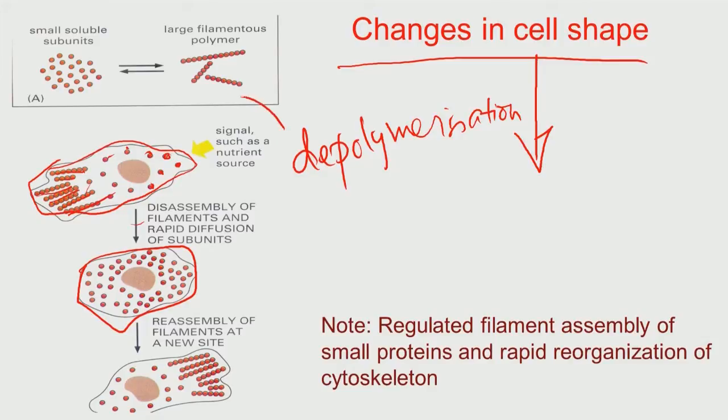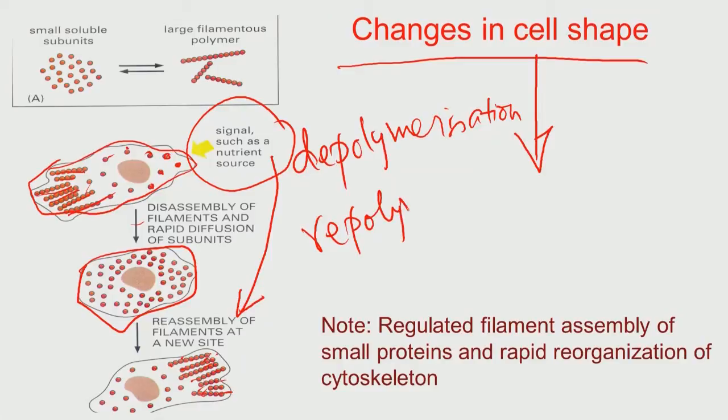But under certain signal or nutrient source, under favorable circumstances, these monomers can get assembled together again by a process called repolymerization. This enables the formation of actin filaments again, but not at the same site where they originally broke down, but at a different site, and that way the cytoskeleton can be stretched in that particular direction.